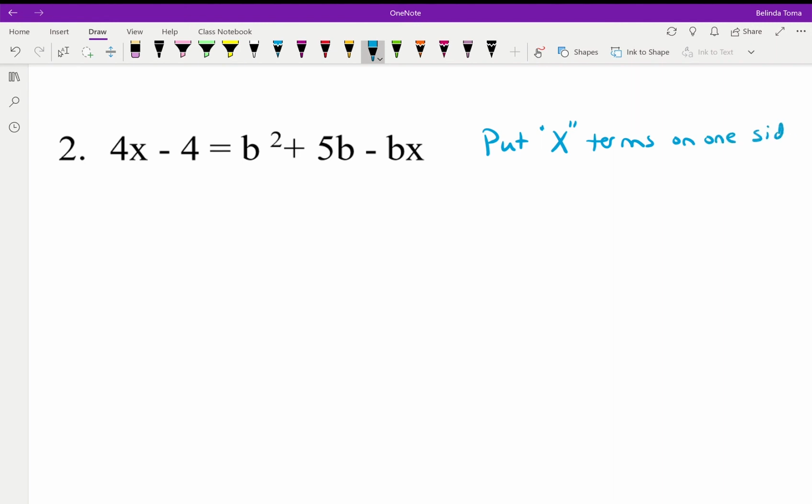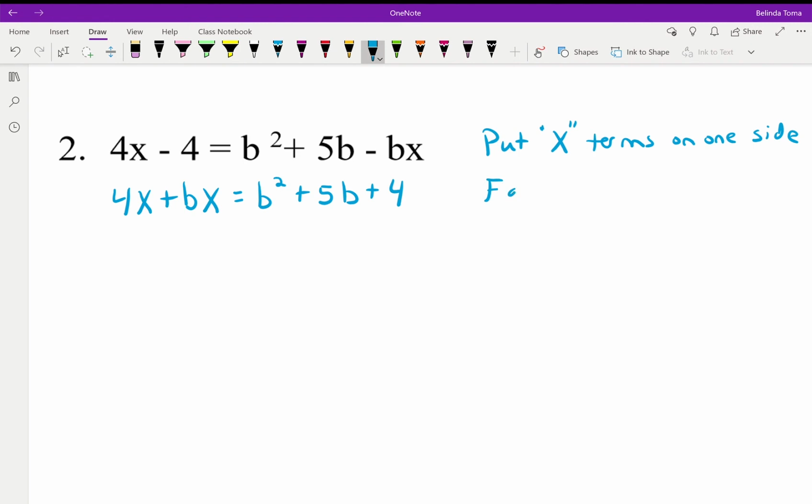And because we already have a positive 4x over here, I'm going to add bx. And then the minus 4, we're going to add that to the other side. So we just have the x terms on the left and everything else is on the right.